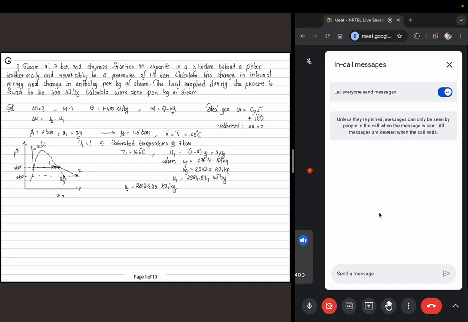So we have the values of U2 and U1 directly here. We can calculate delta U from there. We already used the first law, so from there we can calculate W directly.